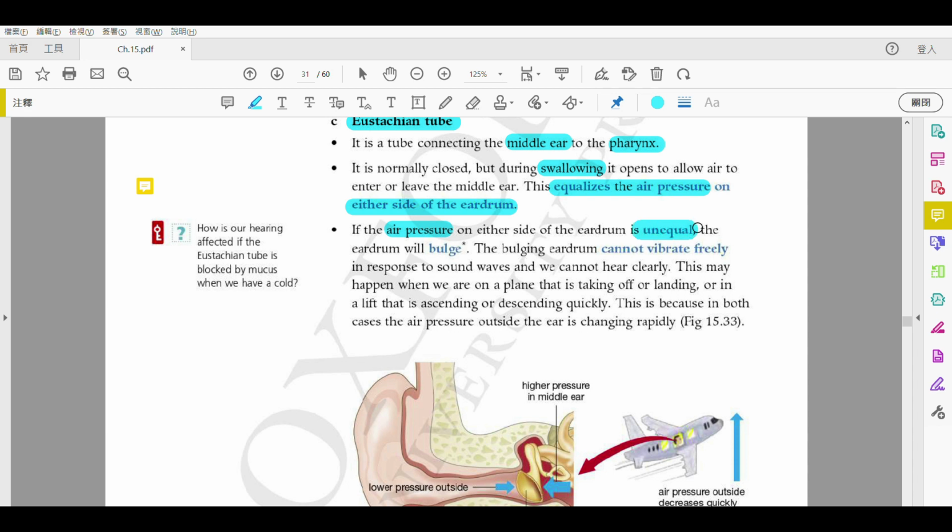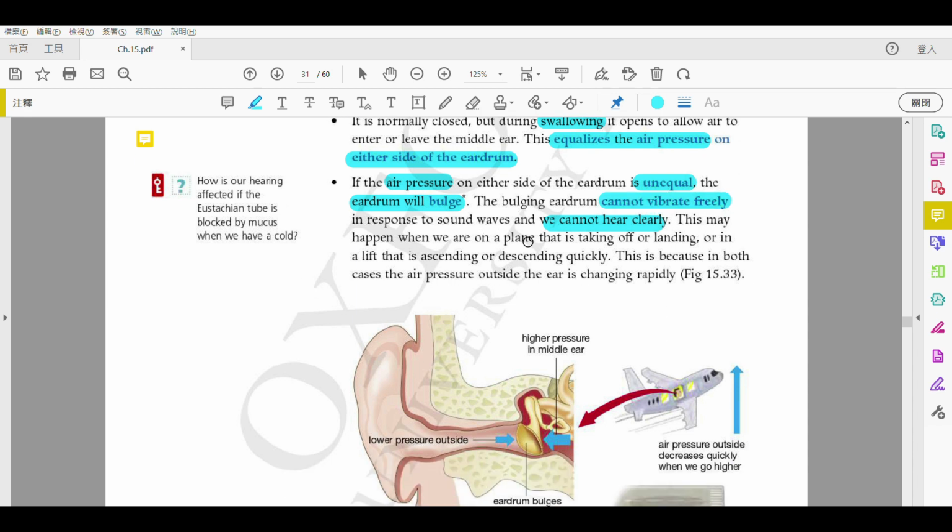Alright? So for example, just like what I said, when the air pressure is unequal, 唔相等嗰陣時啦，your eardrum will bulge。唔該讀一讀呢一隻字，脹起咗啦，bulge。Alright, so since it is bulge, it cannot vibrate freely. What does that mean? We cannot hear clearly. 聽唔到啦，甚至 as I said, some people will feel painful，會覺得好痛嘅。Okay, so just like there is a sudden change of elevation 啦，when the plane is taking off or when it is landing.